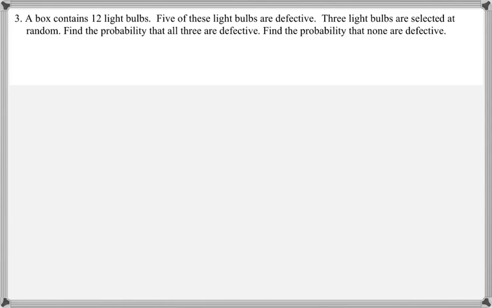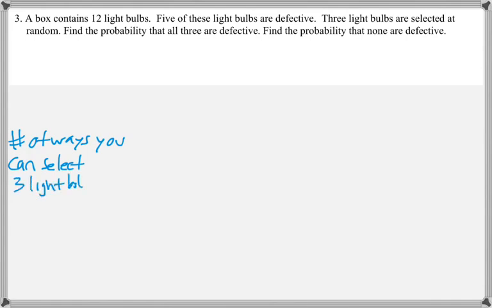So for the probability that all 3 are defective, on the denominator I want to put the number of ways that you can select 3 light bulbs. So that is going to be 12C3.